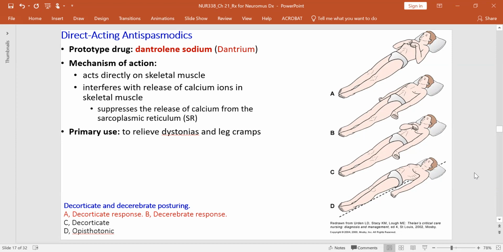It interferes with the release of calcium ions in skeletal muscles, and it suppresses the release of calcium from the sarcoplasmic reticulum. So dantrolene relieves spasticity by interfering with the release of calcium ions in the skeletal muscle.